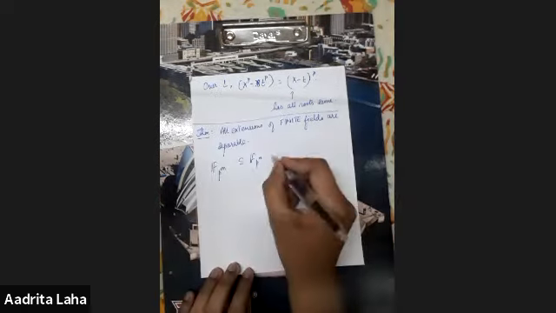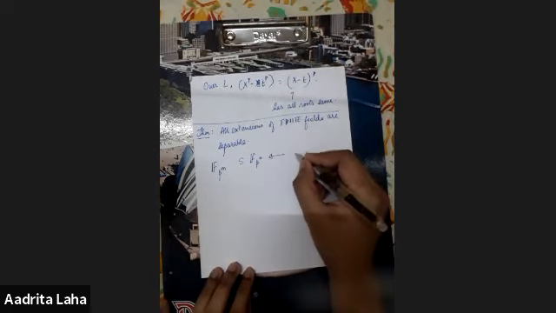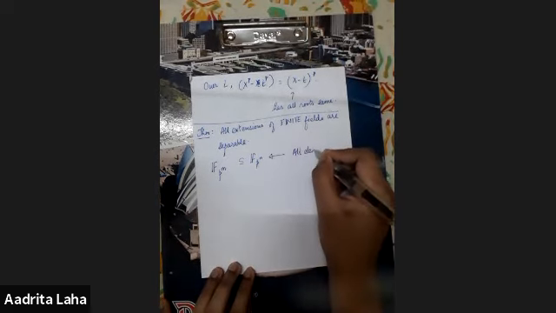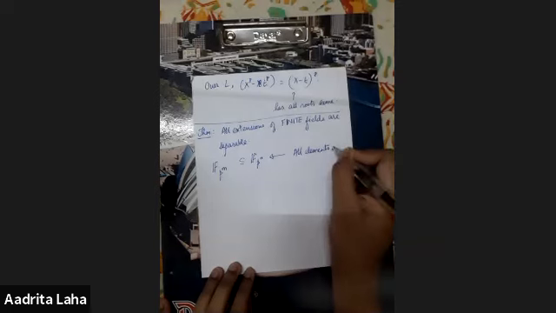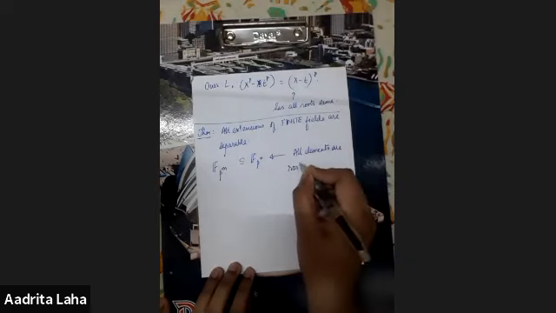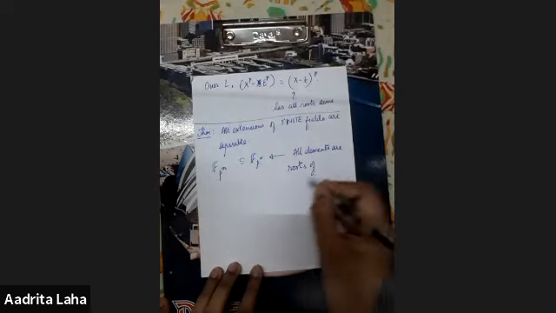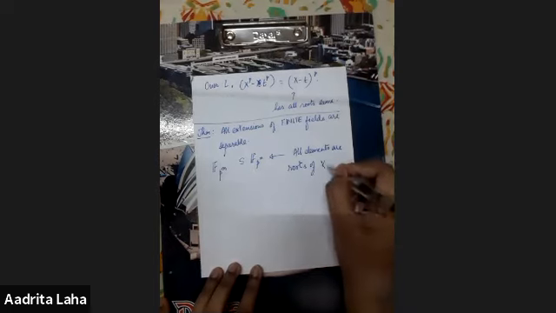these fields actually have all elements that are the roots of the polynomial x to the p to the n minus x.